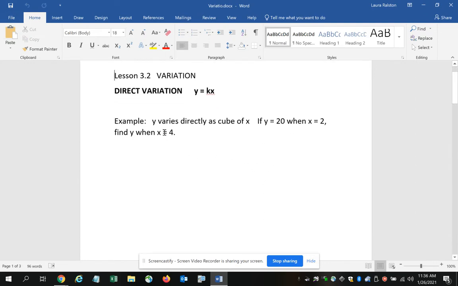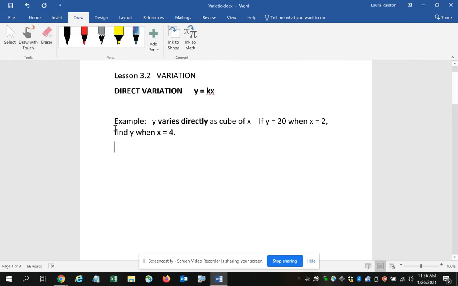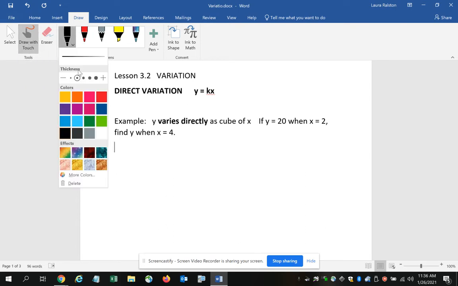So an example. Notice it says in this particular problem, y varies directly as the cube of x. So it very clearly states in the question that you're doing a direct variation. Typically the first sentence in these questions will give you the formula you need to use.